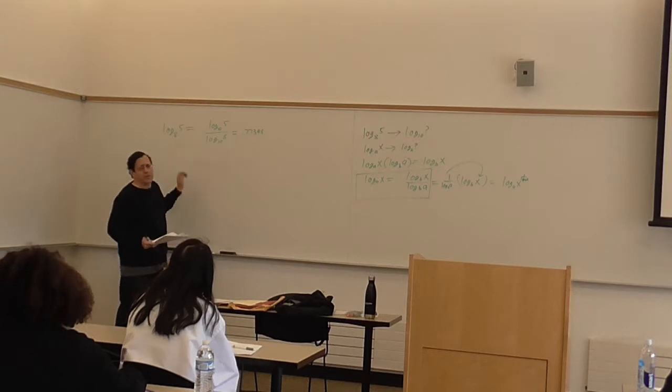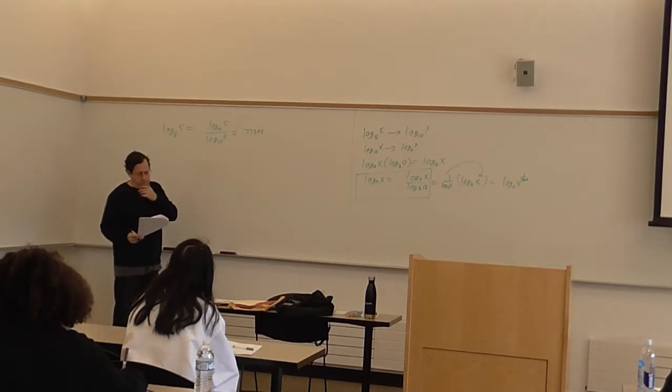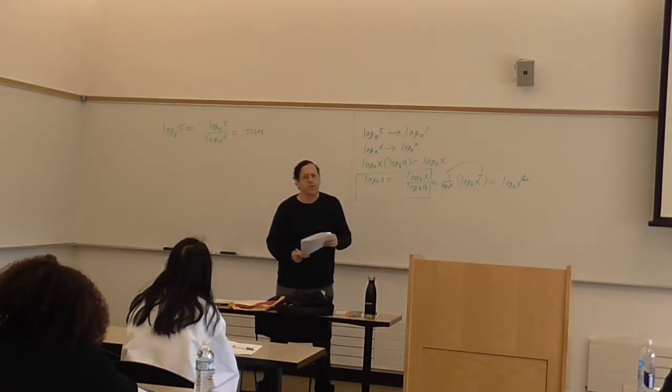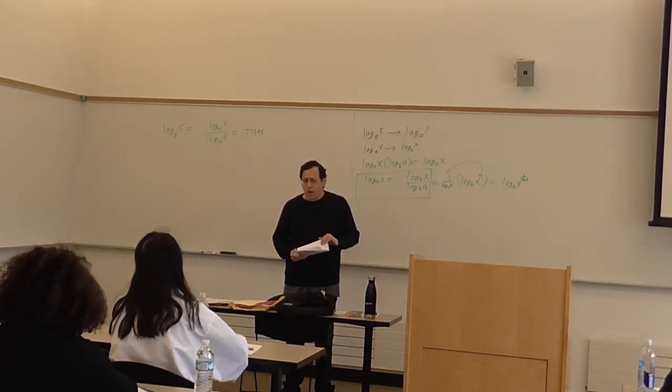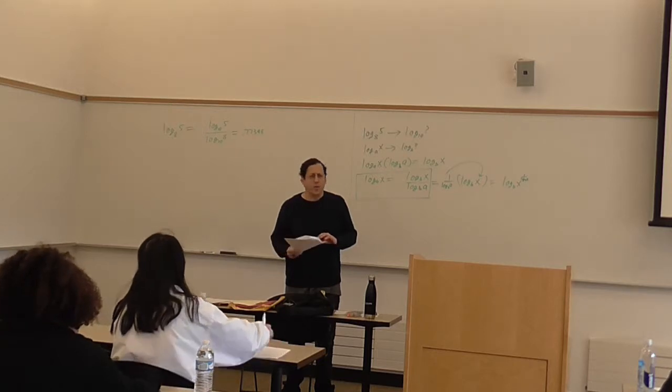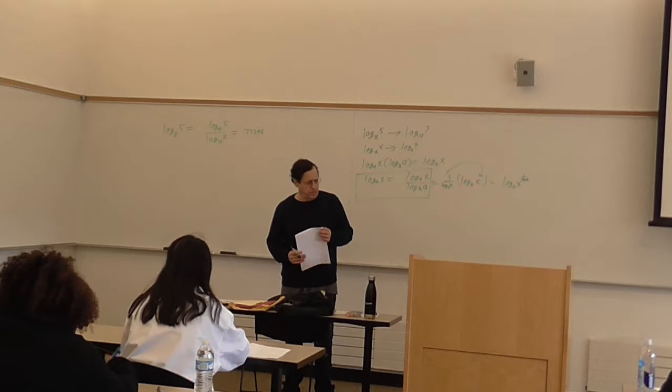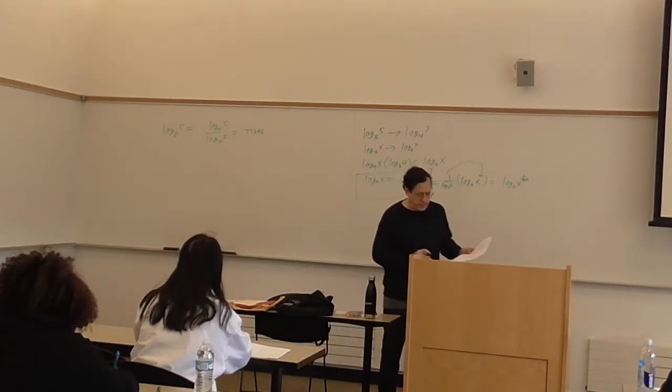This is useful for other things. Okay, that's the change in base formula. Any questions about that? This is kind of important. It's going to come up in homework and elsewhere.